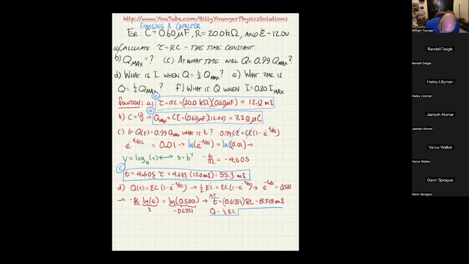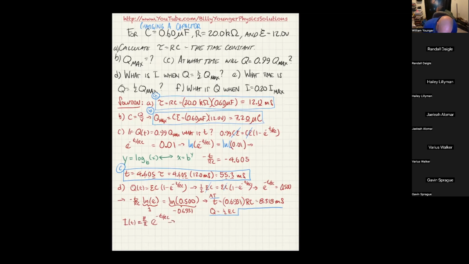So now I'm going to finish with part D, and my job in part D is to find out what I is at that time. So I of t is supposed to be E over R times, excuse me, this one's the one that just decays exponentially, E over R times e to the negative t over RC.